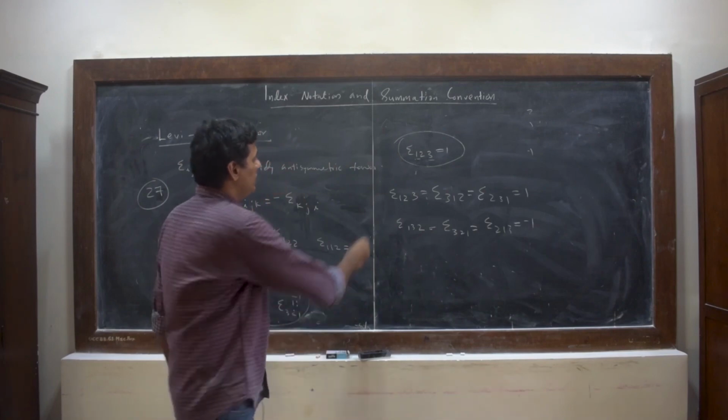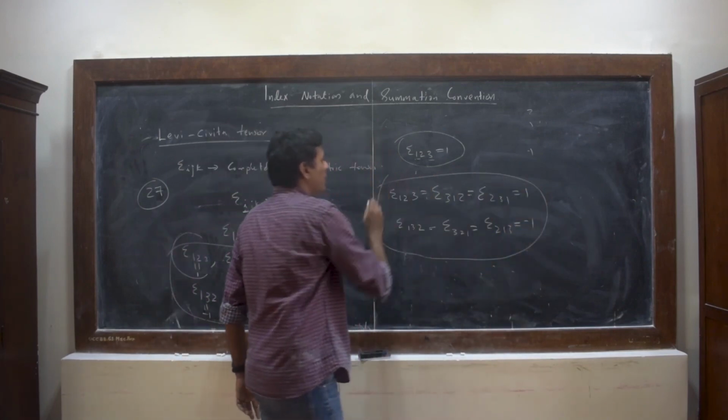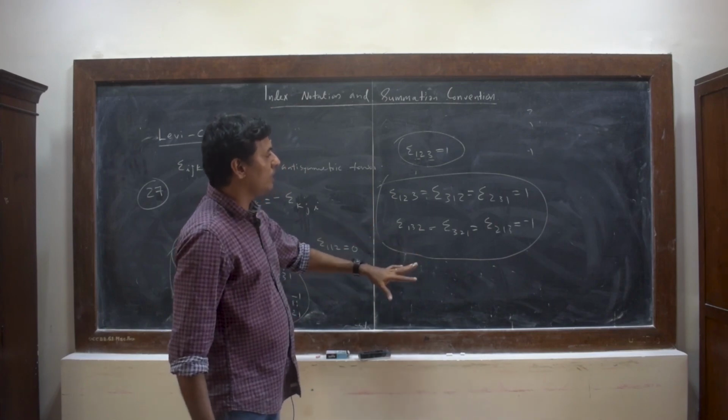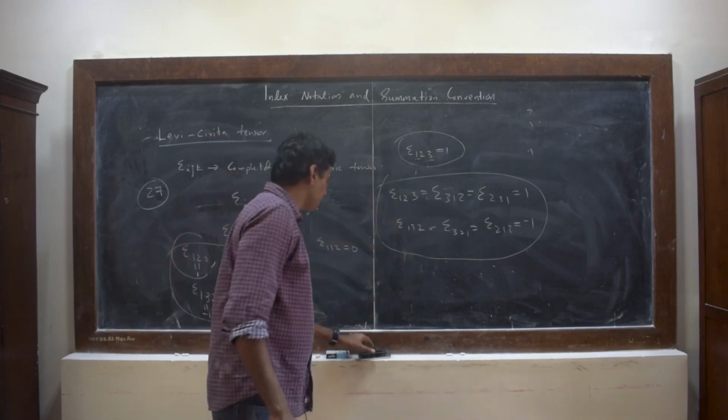These are the non-zero elements of the Levi-Civita symbol epsilon ijk in 3 dimensions.